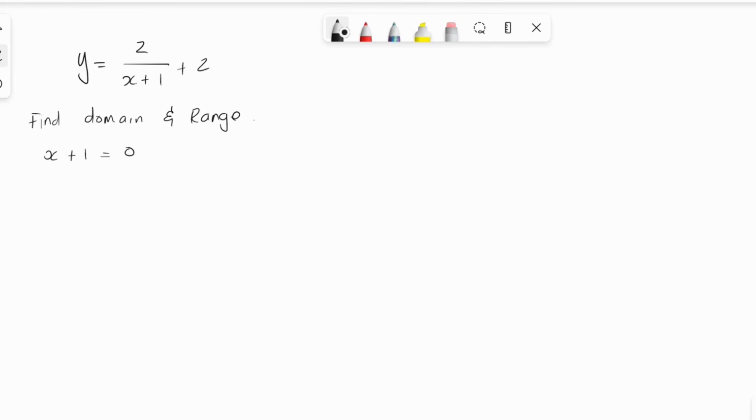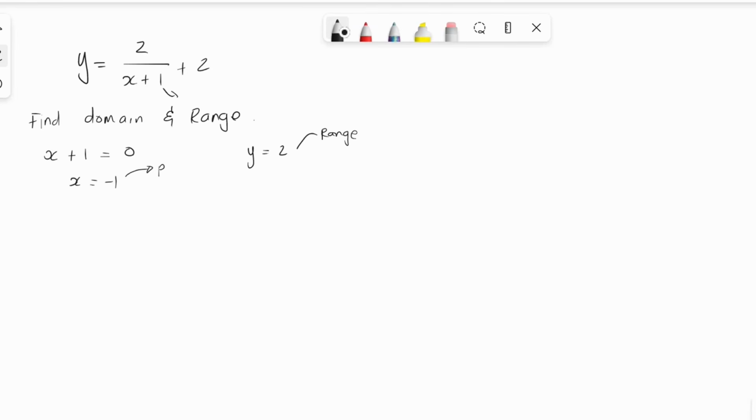We're solving for p, so x is equal to -1, and this is p. Then we're going to solve for q, which is 2, so y is equal to 2. This is going to be for range.